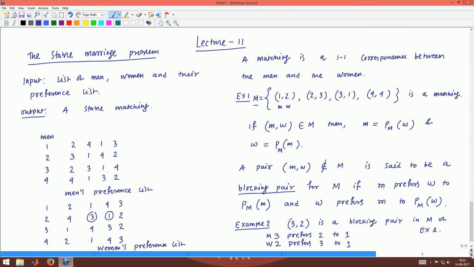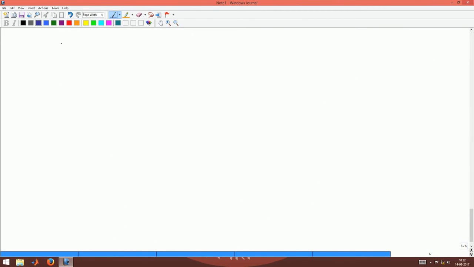Let me give more examples. Say M2 is equal to, I am talking about another matching, the set (1, 1), (2, 3), (3, 2), (4, 4).